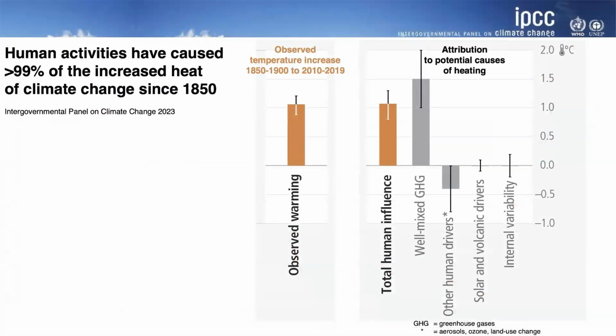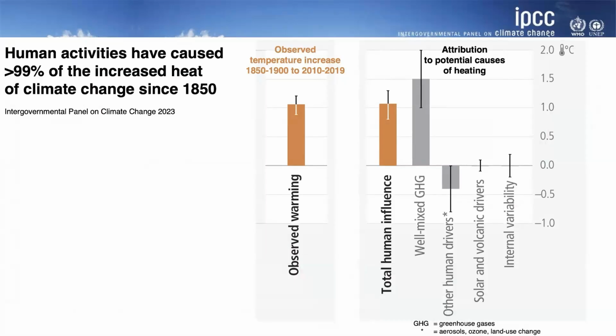So this graph is an attribution analysis. This bar is the observed heating from thermometer measurements, from weather station measurements around the world. And then these bars are all potential contributing factors. Greenhouse gases, other human drivers, and then the natural sources.